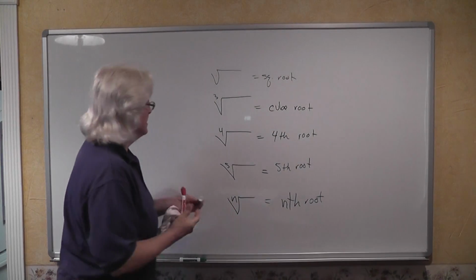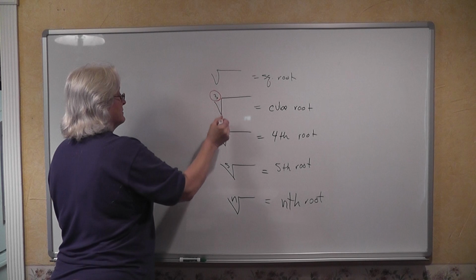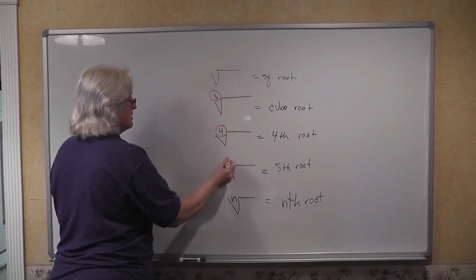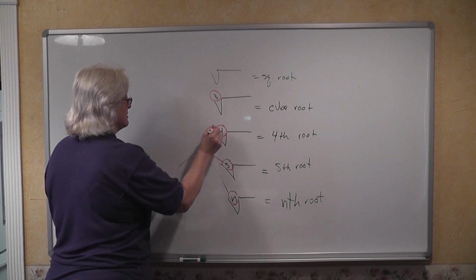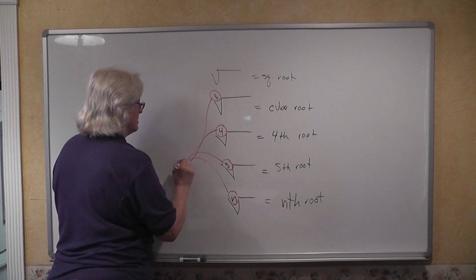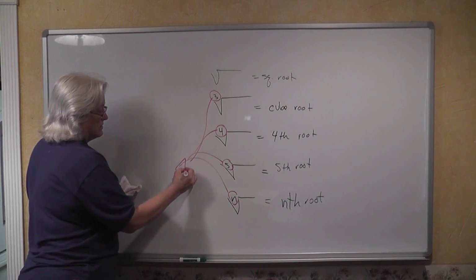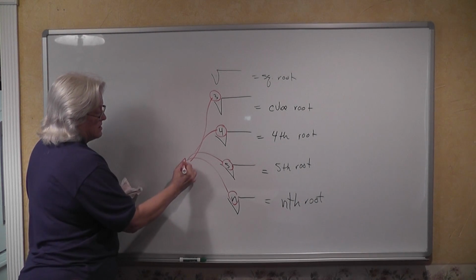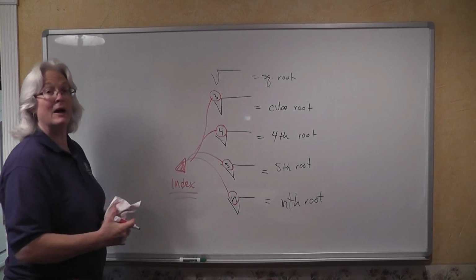We've got this small number here that's to the left, upper left part of the radical sign. What is this going to be called? This is called the index. You have to know your vocabulary.